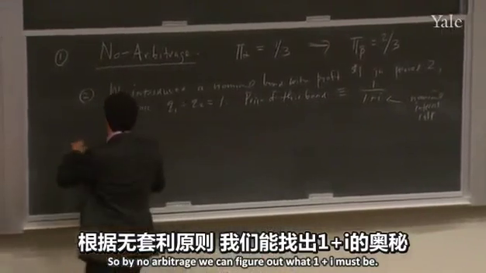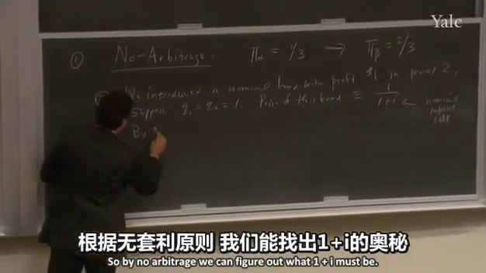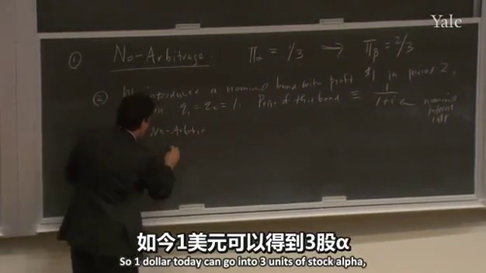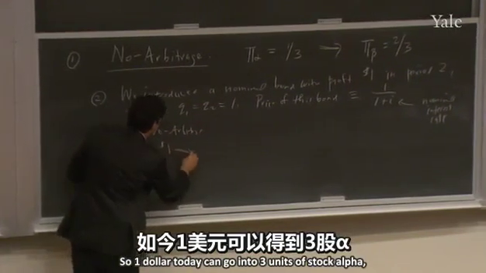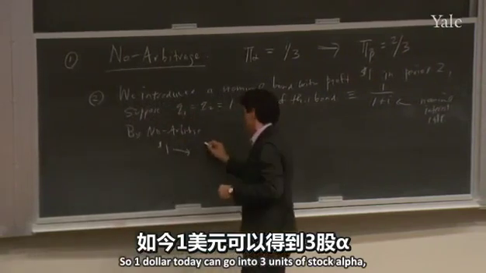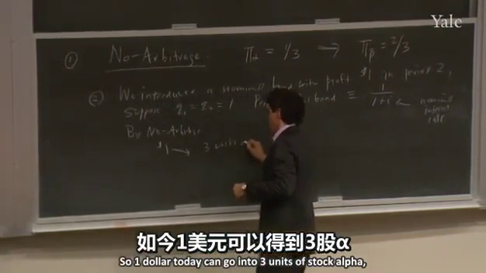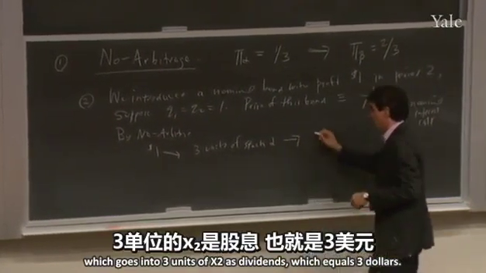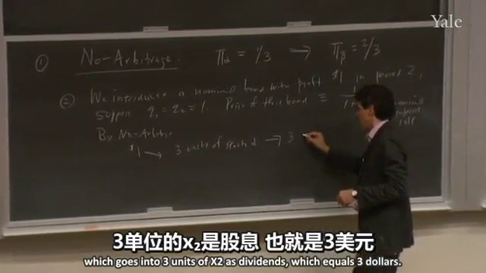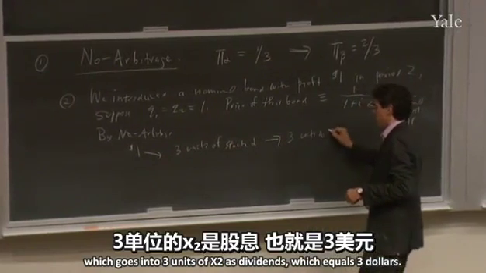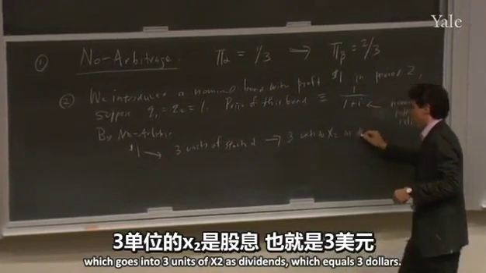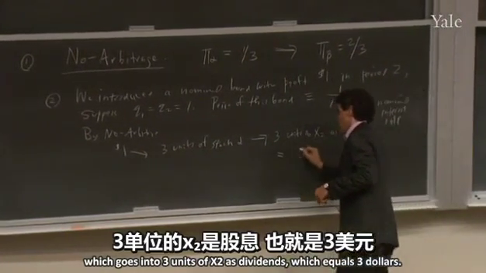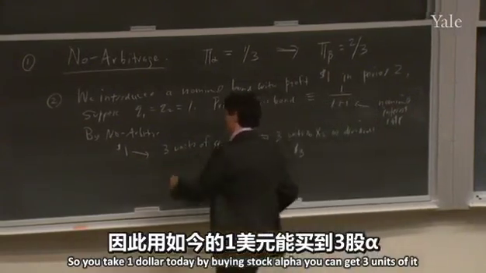So by no arbitrage, we can figure out what 1 plus I must be. Okay, so $1 today can go into 3 units of stock alpha, which goes into 3 units of X2 as dividends, which equals $3. So you take $1 today.